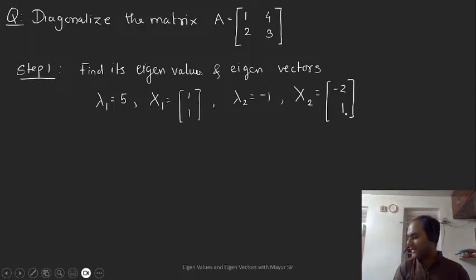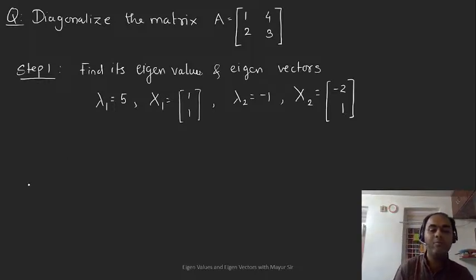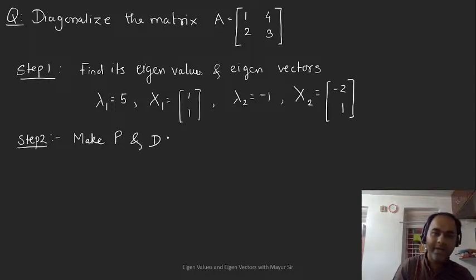After finding the eigenvectors, we now formulate a matrix capital P. So step 2 will be to make capital P and D. These two matrices we make.